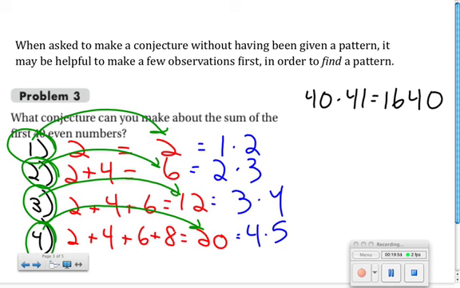The 3 times 4 equals 12. The 4 times 5 equals 20. Had I gone through and listed and added all 40 of the first even integers, I would have ended up with this. But conveniently, we noticed the pattern, and we were able to come up with that answer without doing all that adding. We just did one simple multiplication.